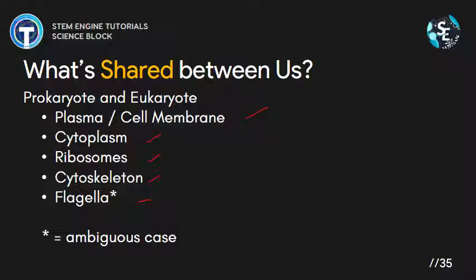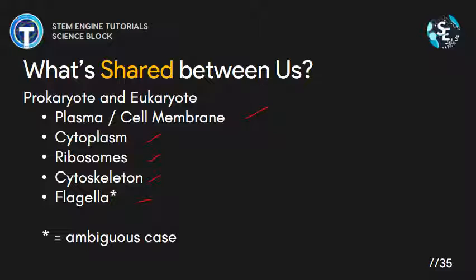Now that we have talked about the various parts of a prokaryotic and eukaryotic cell, tingnan natin what is shared between us. Ano ba ang mga parts na meron kay prokaryote, ano din ang parts na meron kay eukaryote. So, gaya ng pinag-usapan natin kanina, a prokaryote and a eukaryote both have a plasma or cell membrane. They also have cytoplasm, ribosomes for protein production, and cytoskeleton for cell structure.